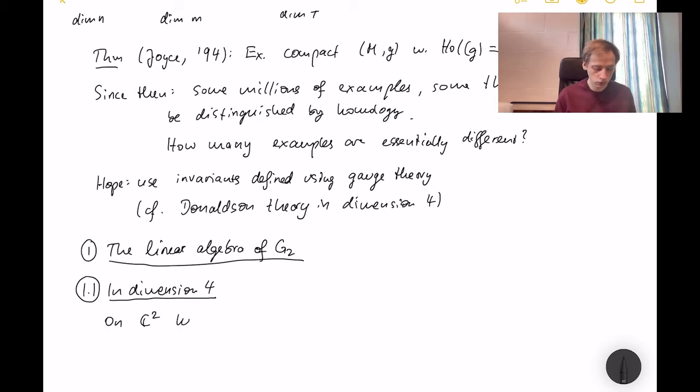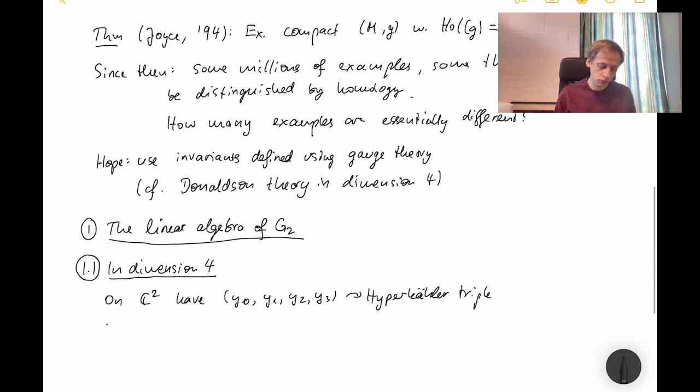Right, so on C2, we can choose real coordinates, say y0, y1, y2, and y3. And then we can write down a hyperkähler triple on C2 as follows. We can say omega 1 is dy0 wedge dy1 plus dy2 wedge dy3.